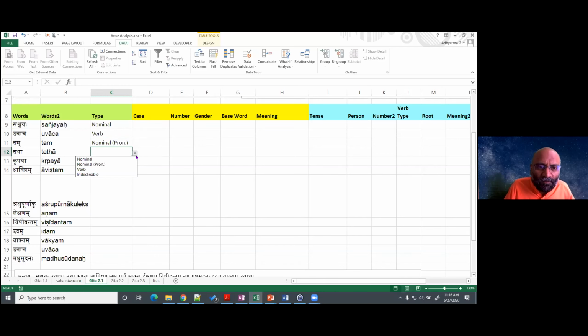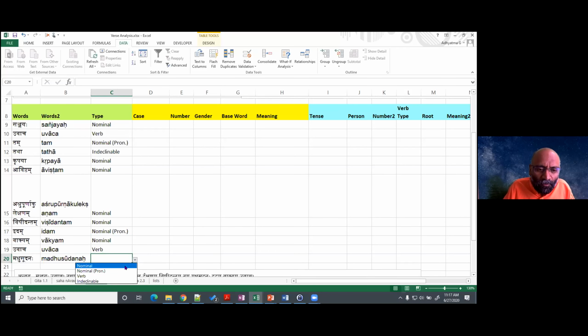Avishtam is also nominal. Ashrupurna Kulekshanam, nominal. Vishidantam, nominal. Idam is a pronoun. Vakyam is a nominal. Uvacha is a verb which is coming again. And Madhusudana is a nominal. We'll see what they mean individually.